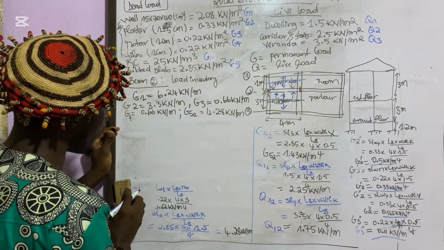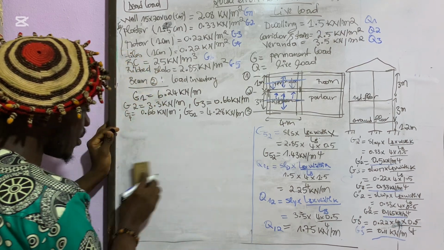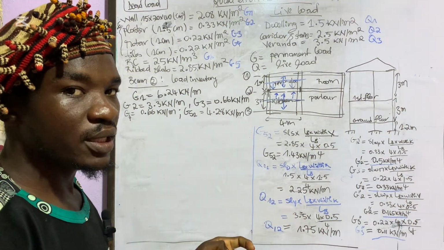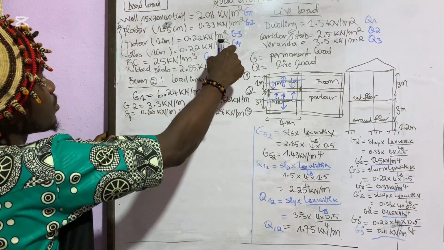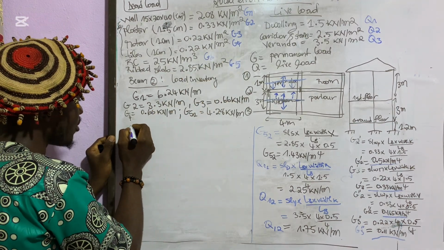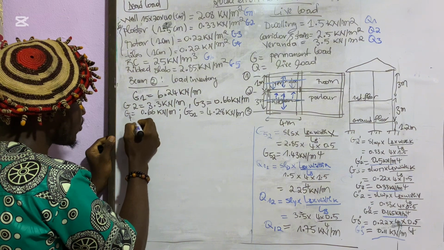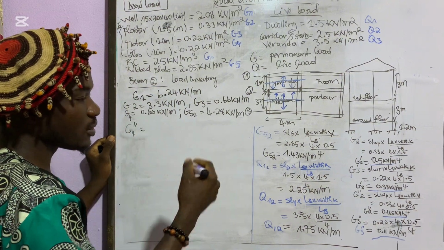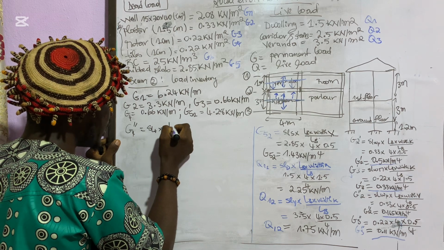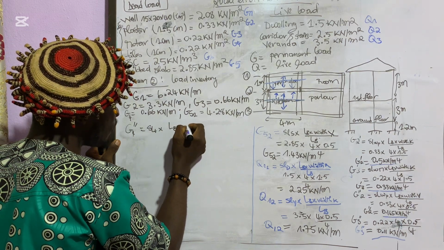So we have G51. Now we have this other part of the board free. Now we'll be calculating G4 of the ties, because we are on the slab. G4 prime prime is going to be the self weight of the ties times length of the beam times width of the room.